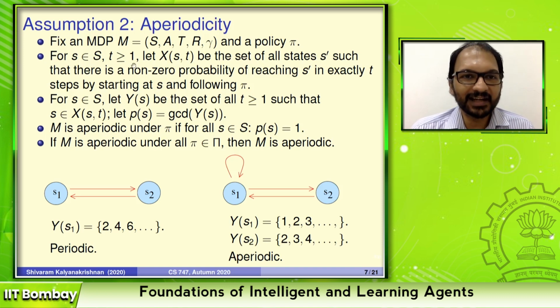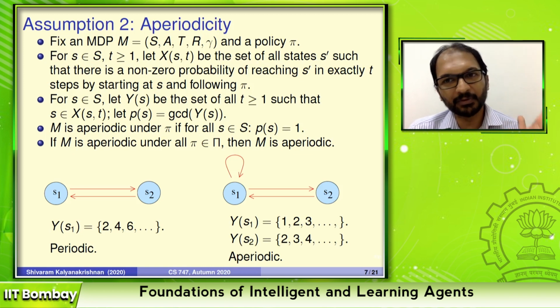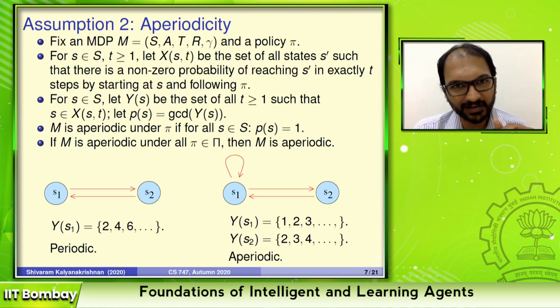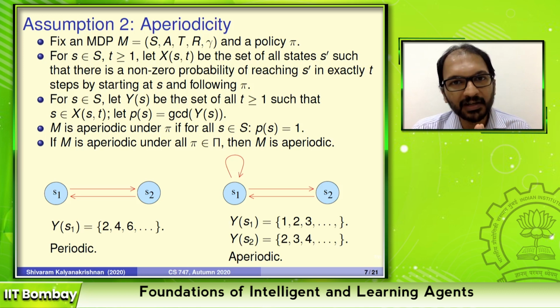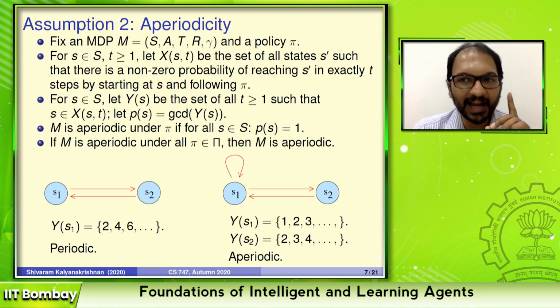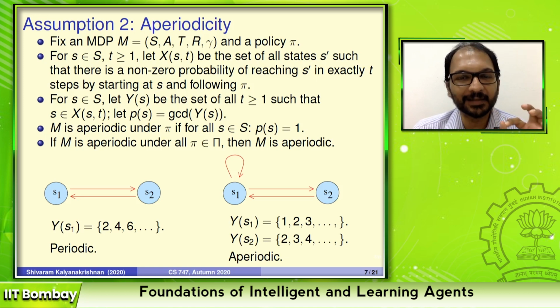For every state and every t greater than or equal to 1, where t is the number of steps that you have executed, let X of s and t be the set of all states s prime that there is a non-zero probability of reaching if you start at s and follow pi for exactly t steps.